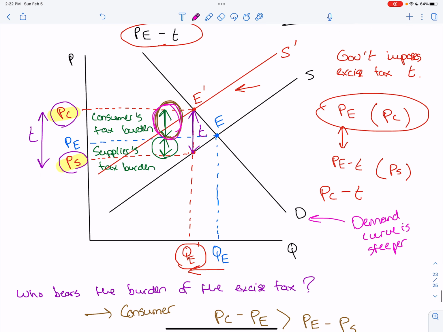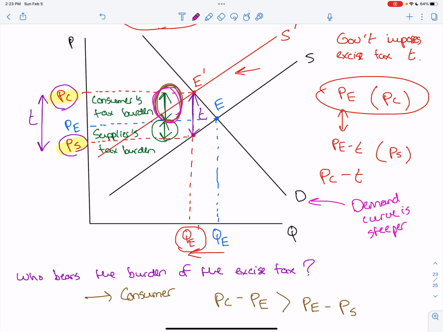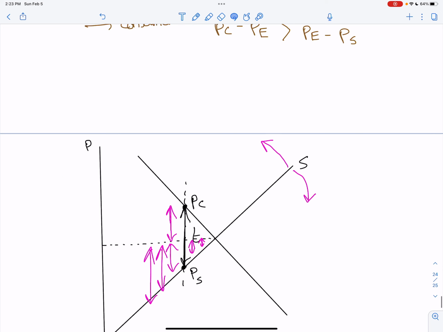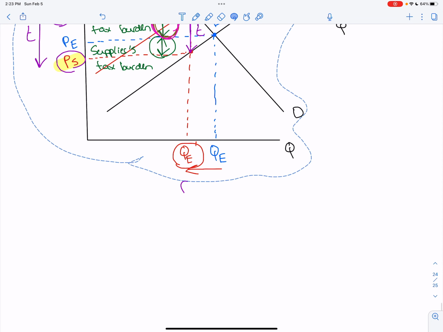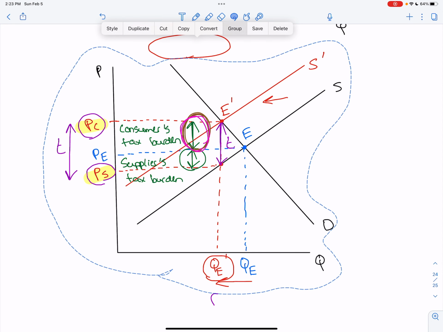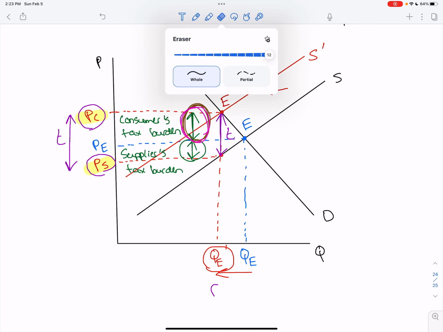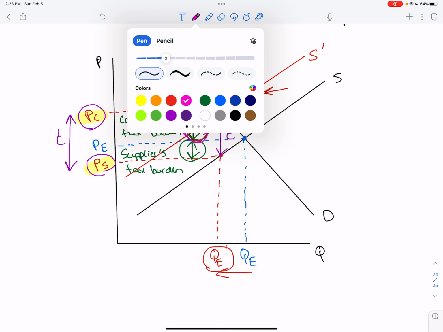So in our case here, let's bring this graph down here a second. We have a situation in which demand is inelastic relative to supply.